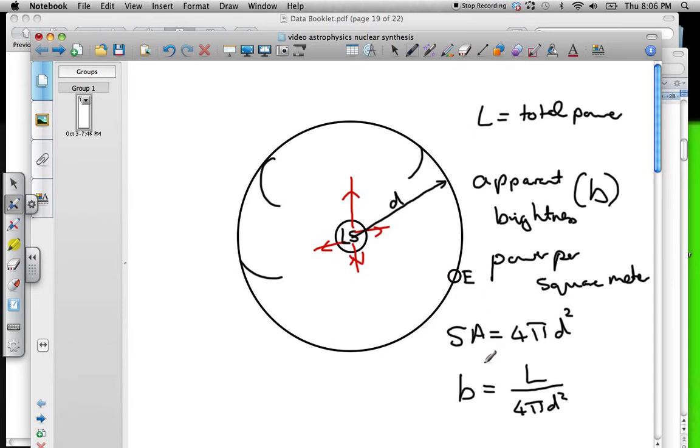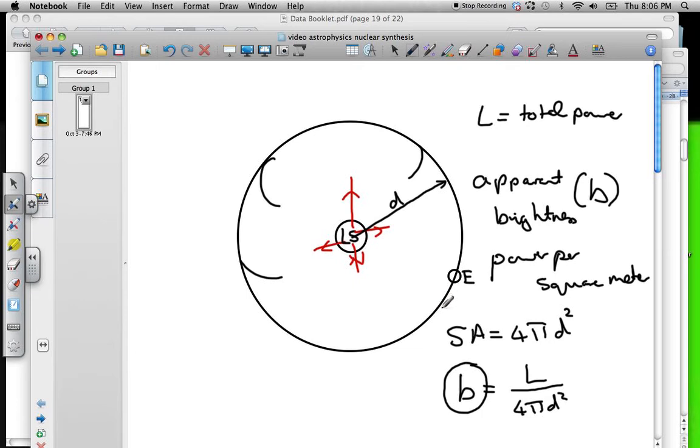Now this b can be measured in different ways. On the earth, from the sun, you can measure it through a telescope.